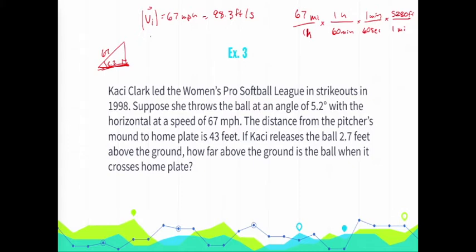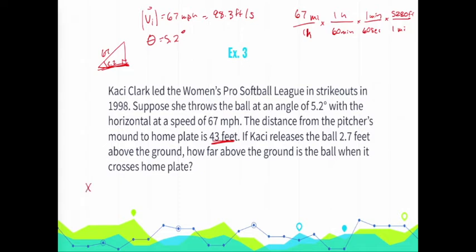Our angle theta is 5.2 degrees. The distance from the pitcher's mound to the home plate is 43 feet. We're going to use that to find the time, right? Because in the x direction, there's no acceleration.